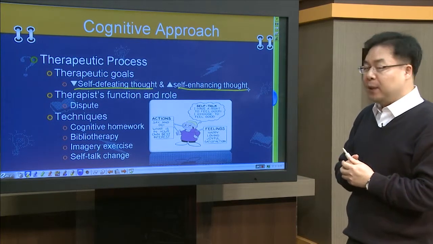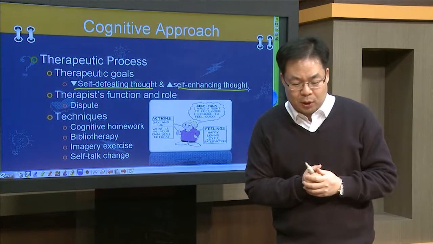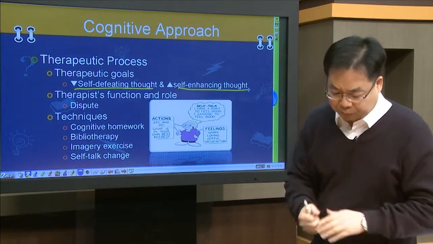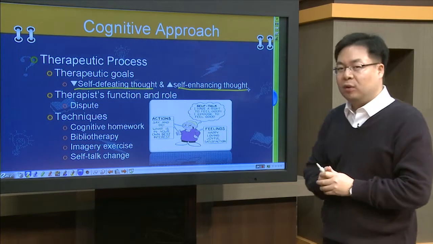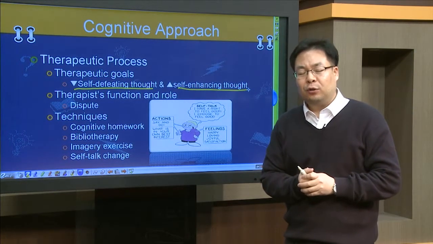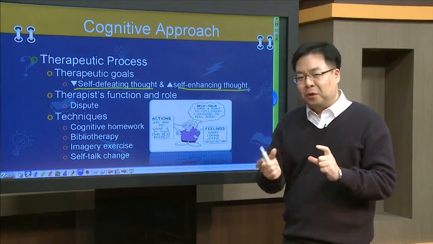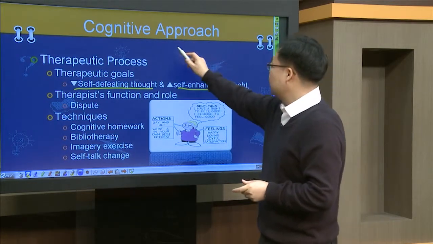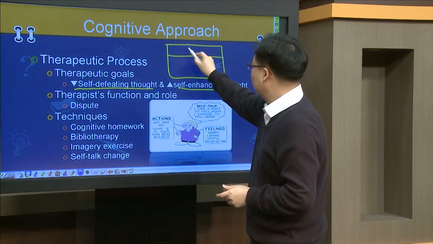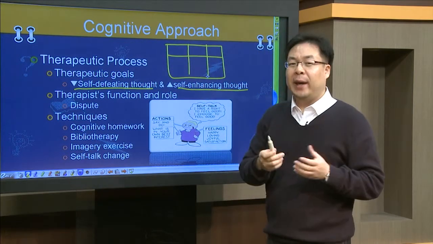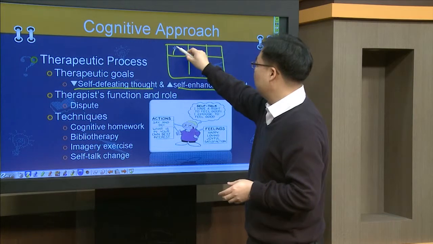And if you look at some techniques in the cognitive approach, one is cognitive homework. We can provide a client with a certain homework, like a certain frame. When you were angry, think about what really made you angry.